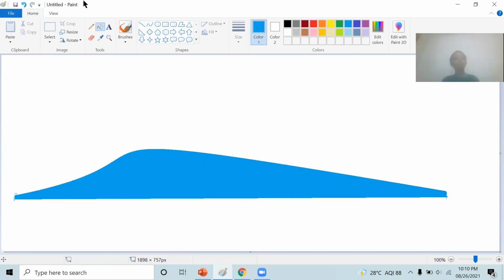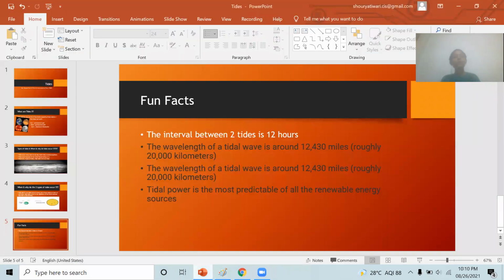So this is a wave. So what did I mean? The wavelength of a tidal wave is around 12,430 miles.